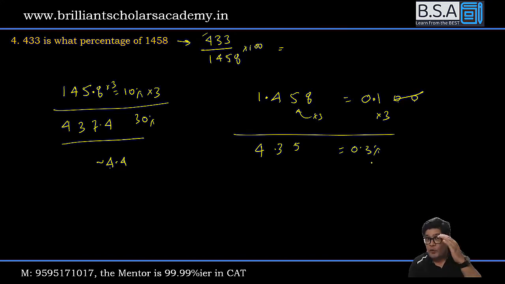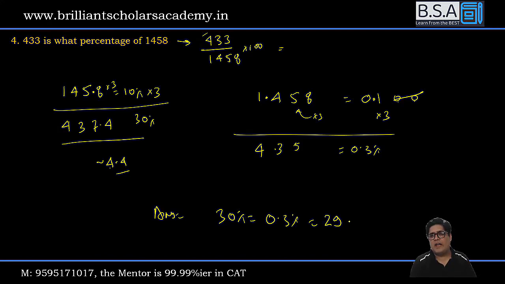What do you want? You want to decrease 4.4. So your answer would look like 30% minus 0.3%, which is 29.7%. If it was DI and the answer options are very far apart, I'll go with this 29.7%. It's very, very near to your answer. Two places exact, 29.7%.